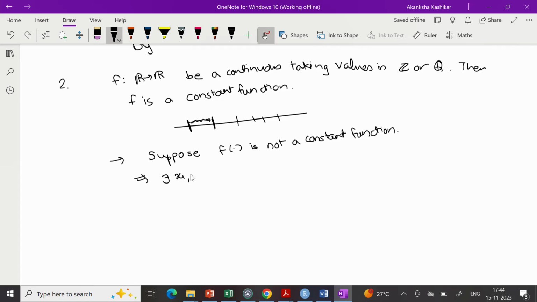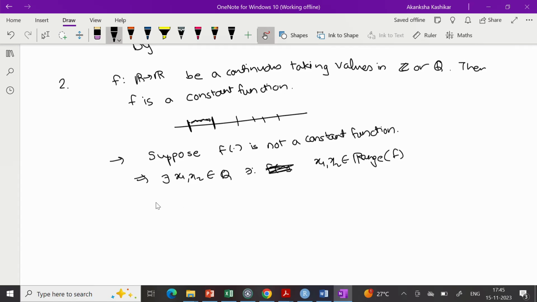So there exist x1, x2 in Q, I will prove for Q, but the proof for Z is exactly similar. There exist x1, x2 in Q such that x1, x2 belong to the range of f.